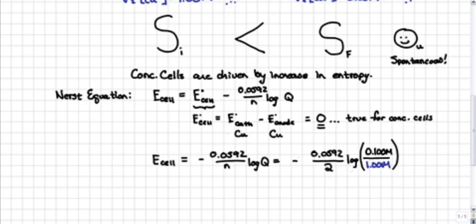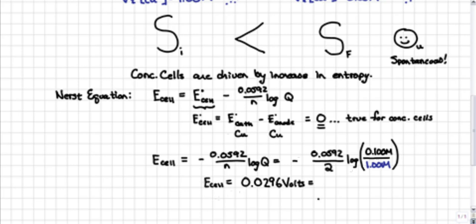Okay, and if you do the arithmetic, what you're going to find for this particular cell is that it does develop a small amount of electrical pressure or cell potential. Comes out to be equal to 0.0296 volts.